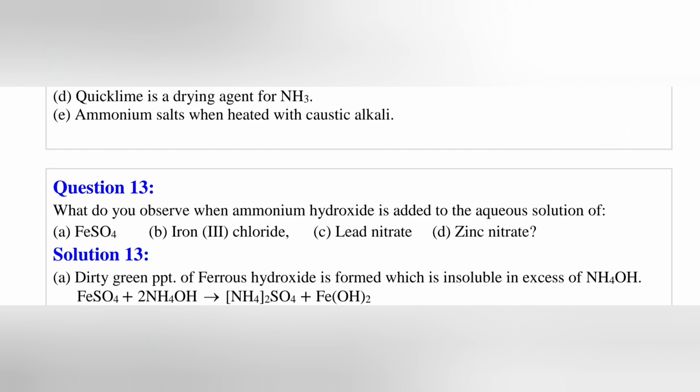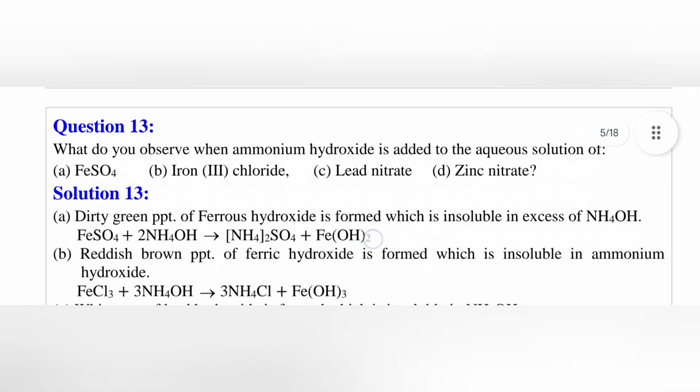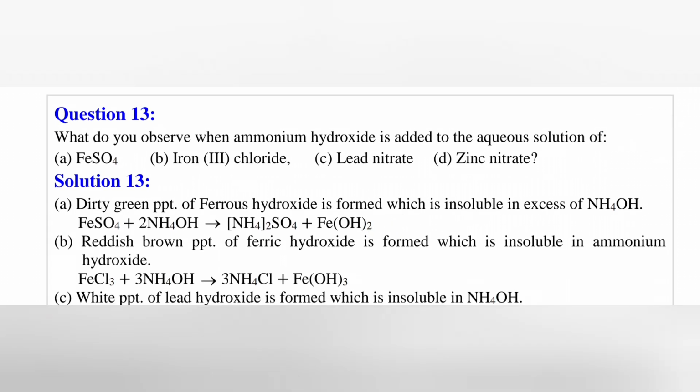Now question number 13. What do you observe when ammonium hydroxide is added to an aqueous solution of ferrous sulfate? A dirty green precipitate of ferrous hydroxide is obtained. Second, when ferric chloride reacts, it gives a reddish brown precipitate of ferric hydroxide.